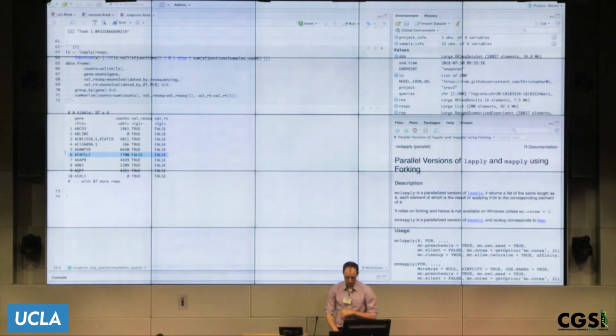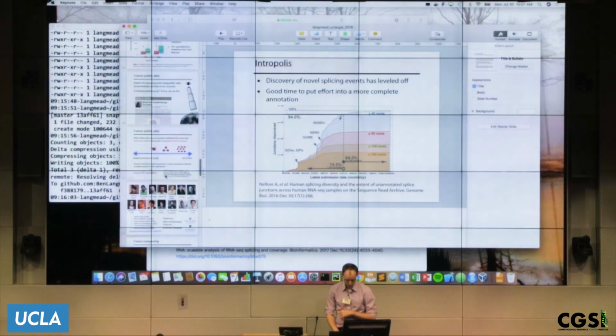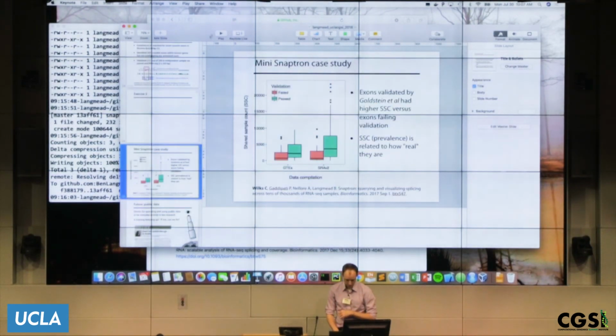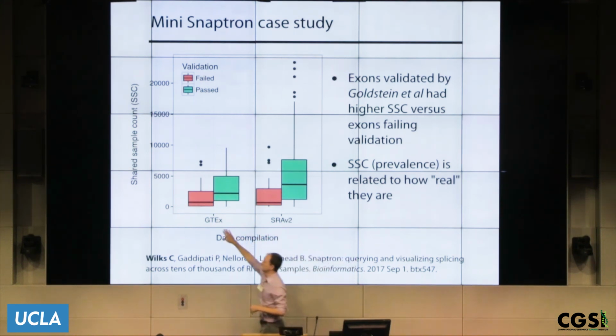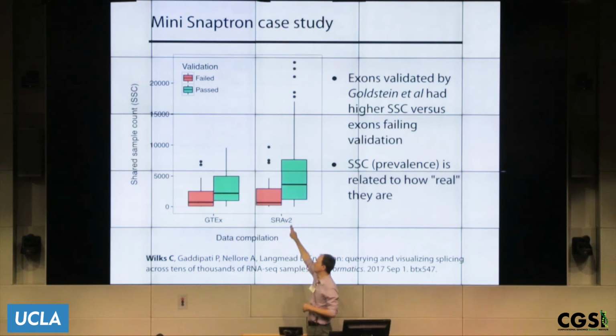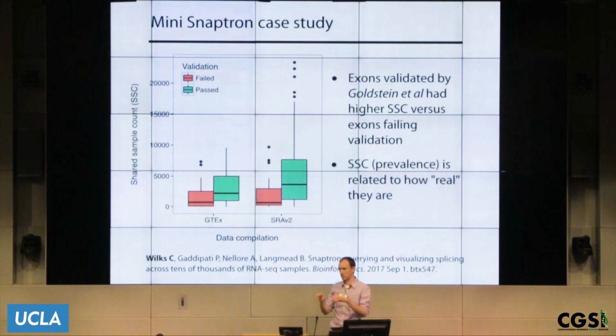One of the things, for example, that we enable people to do is, if they have a splicing pattern of interest, as we did here, and they want to see if it is prevalent across tissues, they can ask that. These are basically two different compilations that we've indexed. People can ask that question over this compilation, which is all kinds of data sets from the Sequence Read Archive, or specifically over GTEx, which is various human tissues. In fact, many of the individuals contribute many tissues in the GTEx project.